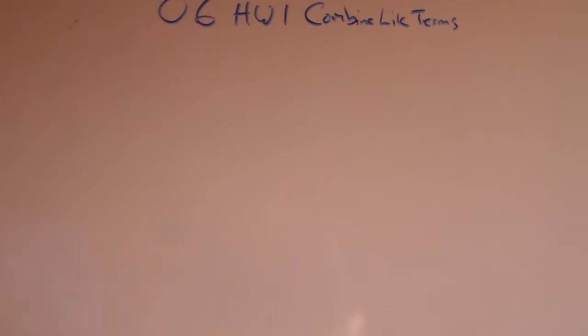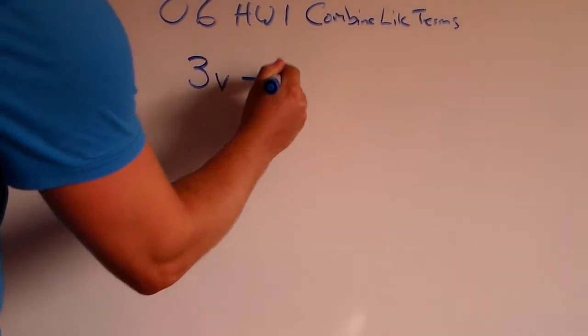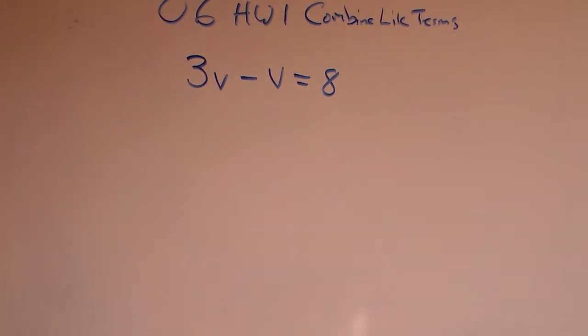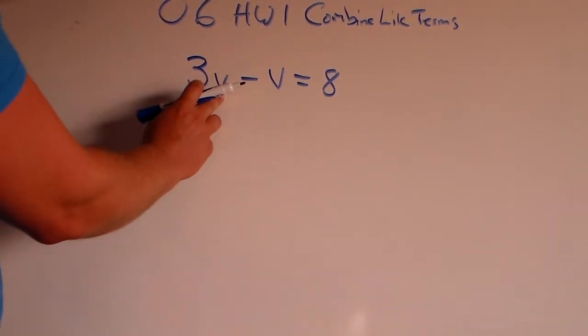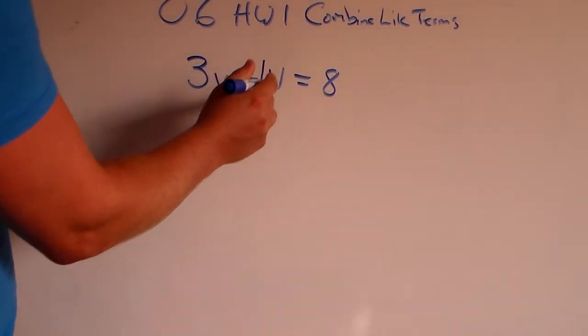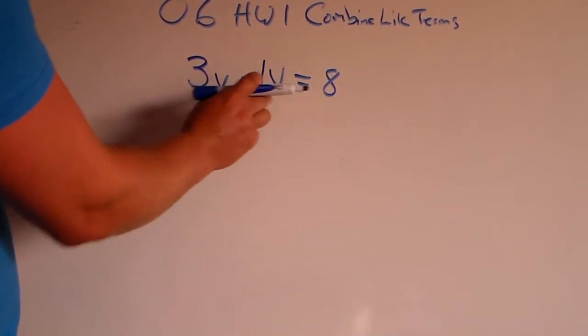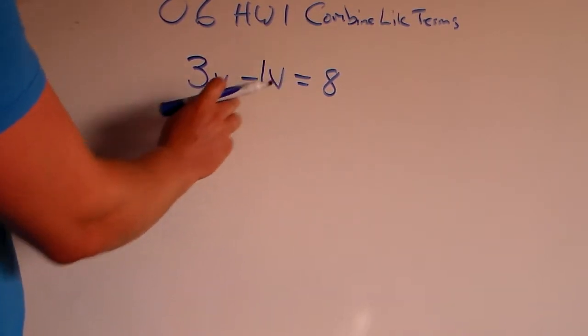Alright, for the first problem, we have 3v minus v equals 8. This is problem number 1 on the homework. Now, combine like terms. Things that are alike can be combined. Notice here 3v and this minus 1v. Both of these terms have a v to the same power, so we can combine them.